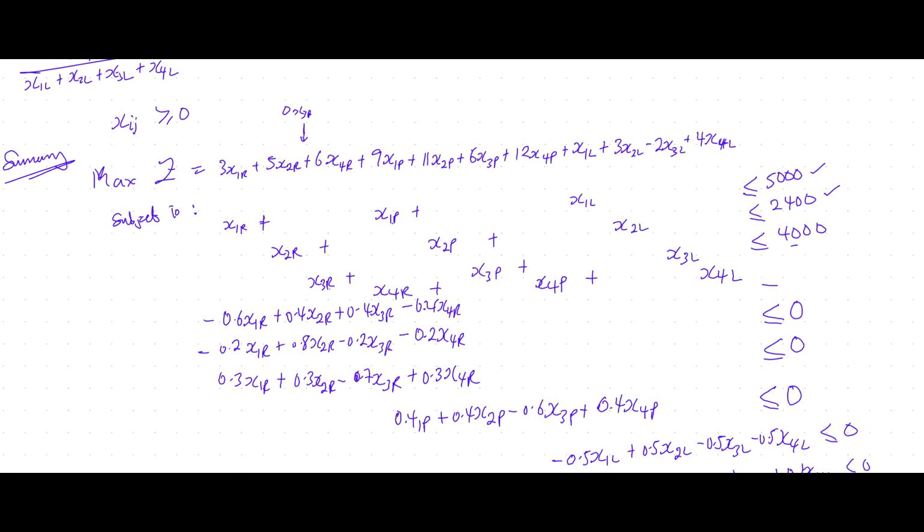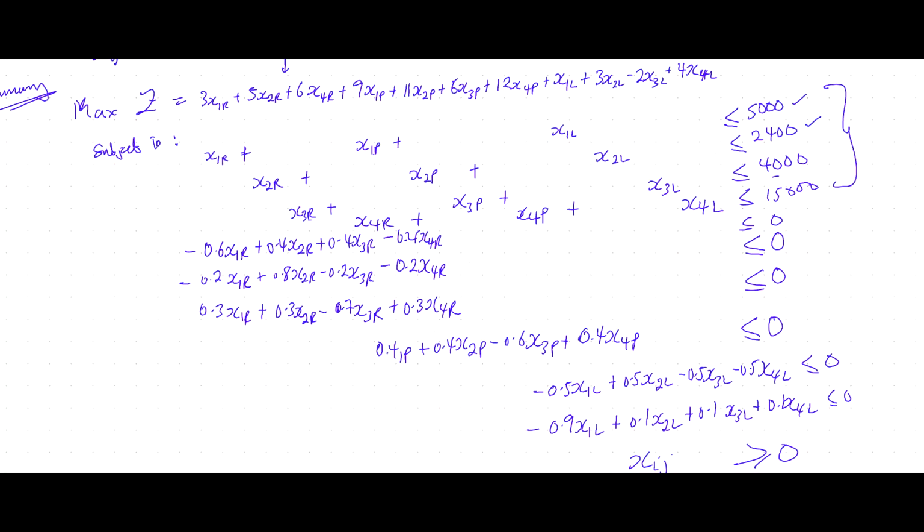So let's capture this one. All right, so I have my 4 constraints here for representing the 4 components, which is good. So you want to always ensure you have this.